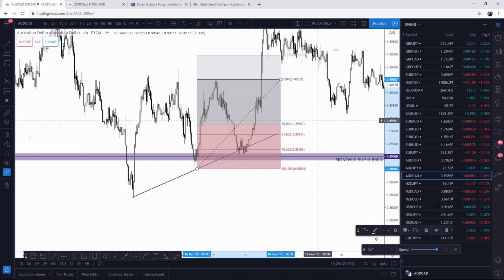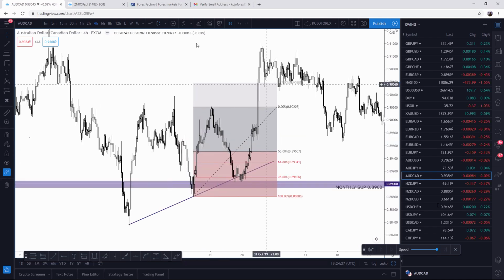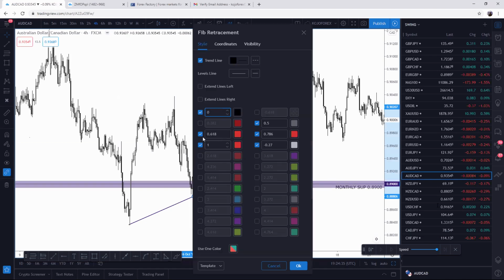You can see we are clearly rejecting on the 78.6, which is also a confluence for a continuation in the same direction. And then this trade was one that spectacularly hits the fib extension of negative 61, not the 27, right? If I put the 61.8 there, you see that it was what this market tapped on. This is the negative 61.